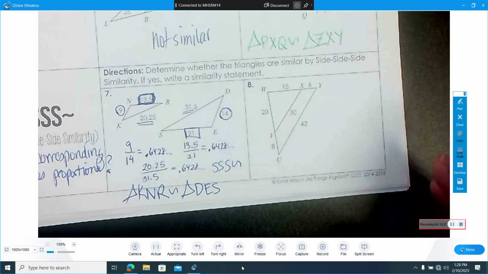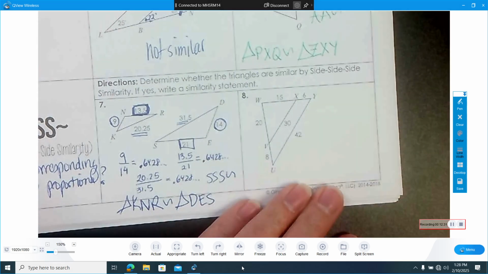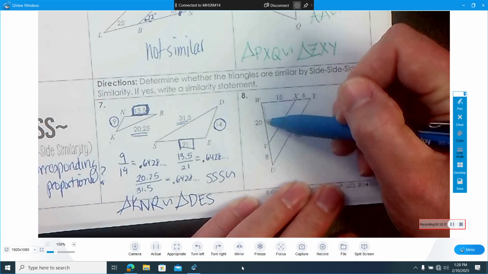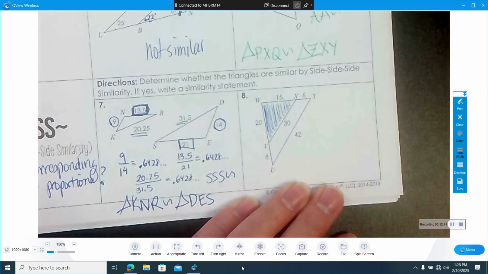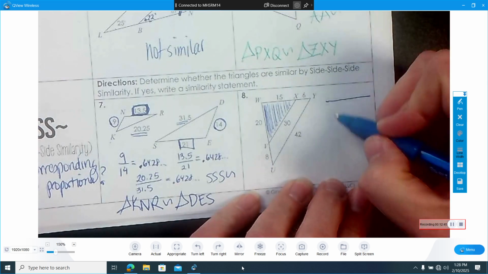Okay, all right, let's look at number 8 really quickly here. On number 8, these are overlapping triangles. So I see here I have a small triangle, triangle WVX, and I'm going to go ahead and separate these two triangles.